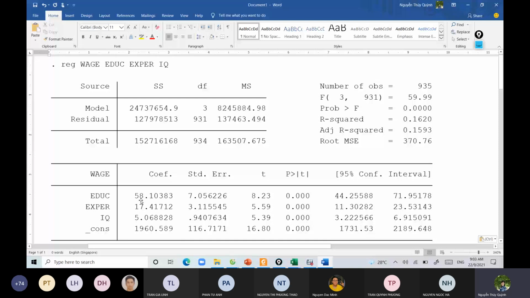So I believe that the actual value of the regression coefficient is also greater than 0.